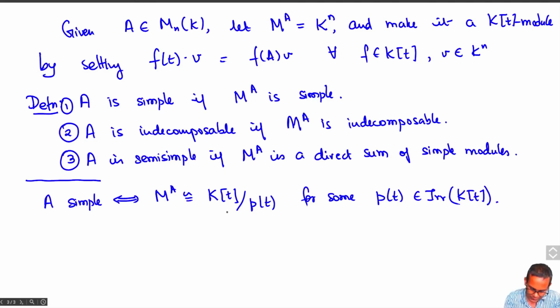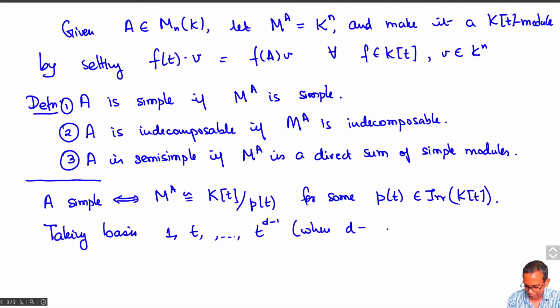And what this means is if you take the basis 1, T, up to T to the power d minus 1, where d is the degree of P(T), we get that A is similar to the matrix which has the following form.